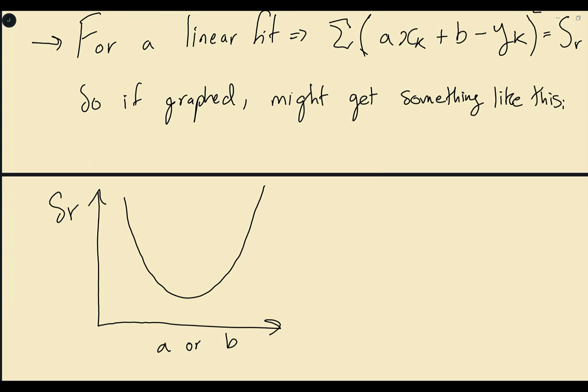Obviously this would be a function of a and b because we have two constants and we're changing these constants. We can probably get a graph that looks like this, where we have a minimum, and this minimum is our goal that we want to get to. So the goal is to get to this minimum.